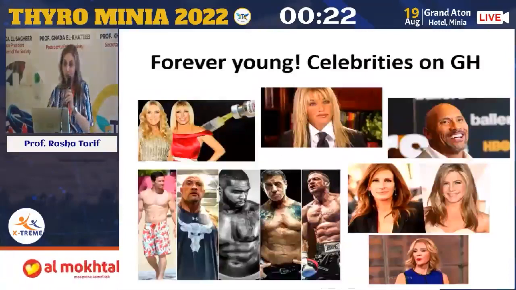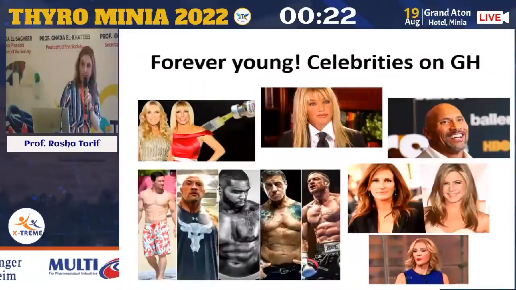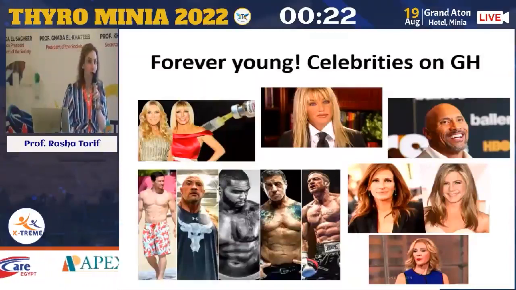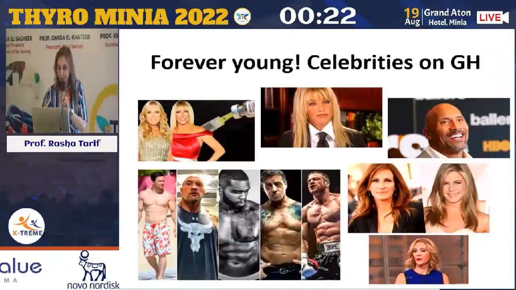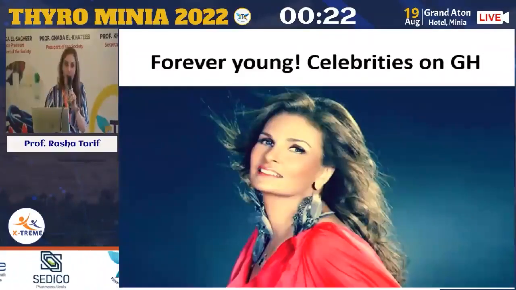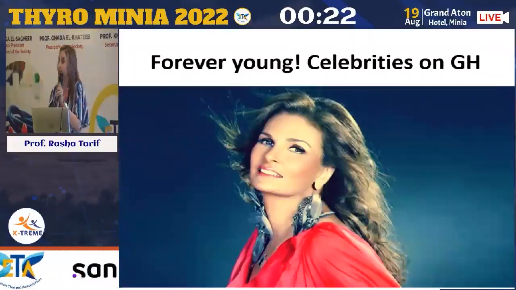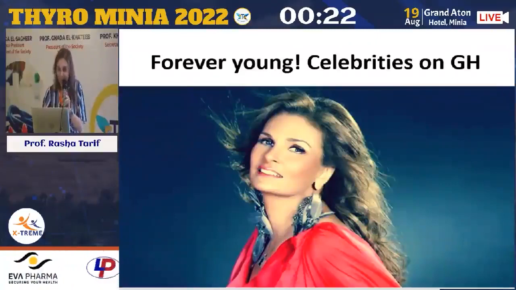And forever young, a lot of celebrities are taking growth hormone to stay young, pretty, and beautiful, for various purposes, including our lovely artist, Yusra. She's staying young and lovely, although she's 70 years old, because she's taking growth hormone. But of course, this is an off-label indication.